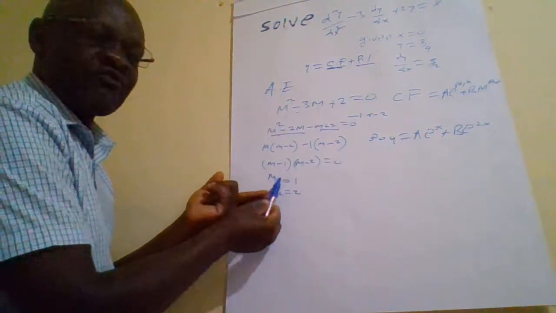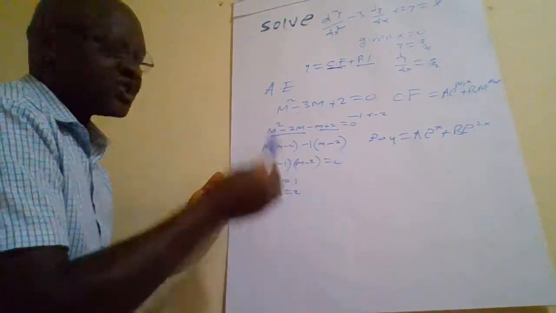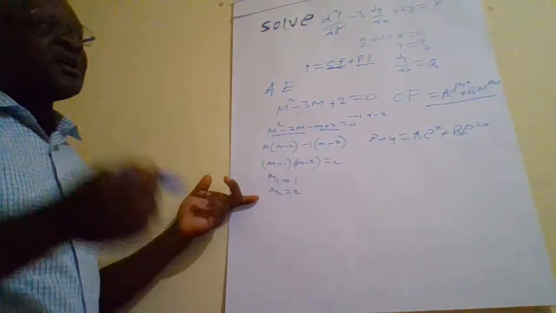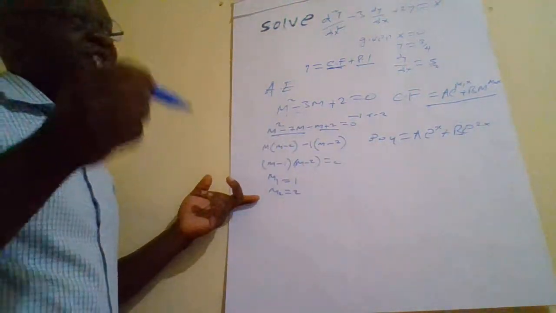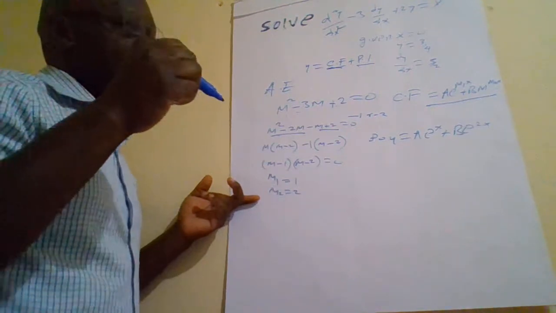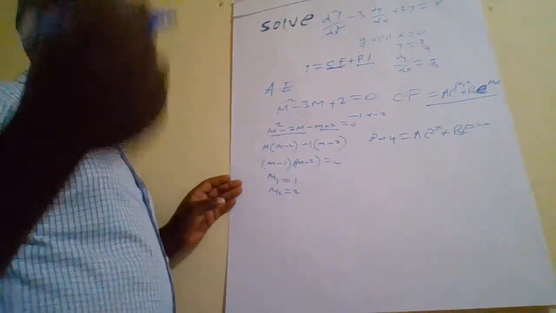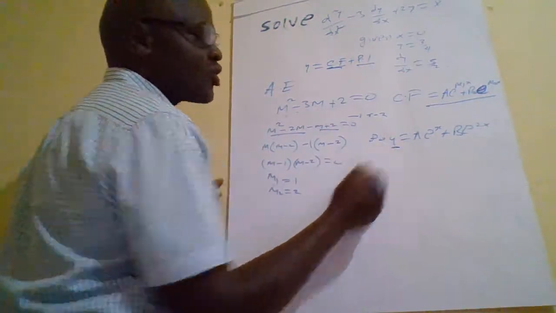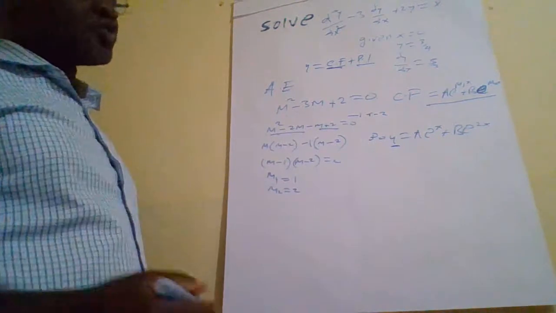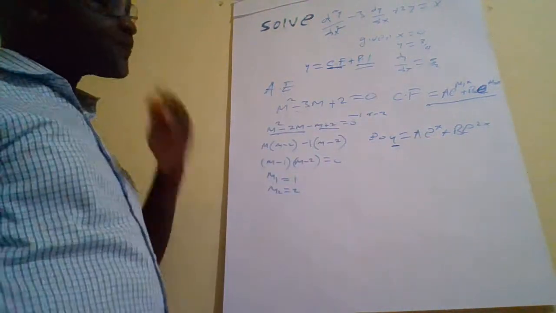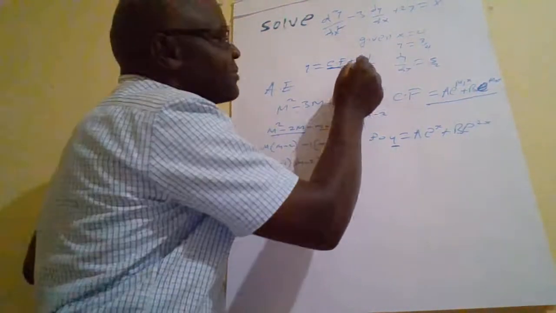If we have two values of m, m1 and m2, then the solution will be of the form a e^(m1 x) plus b e^(m2 x). So this is the complementary function. What is remaining for us to get now is the particular integral.